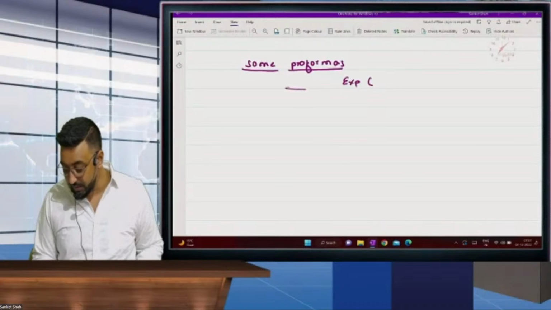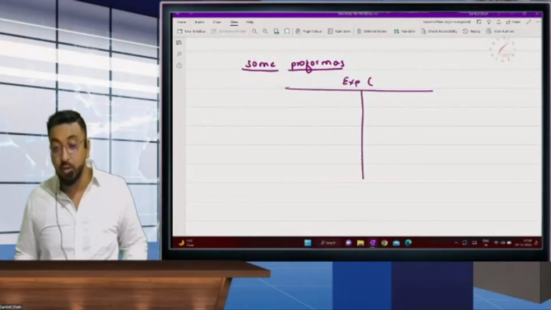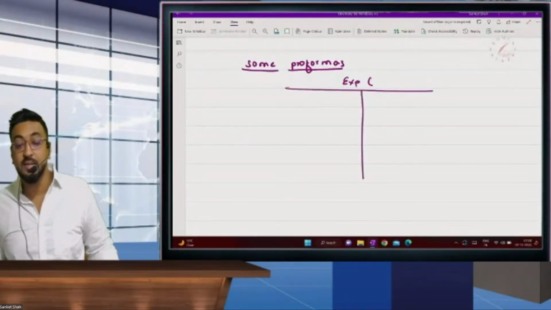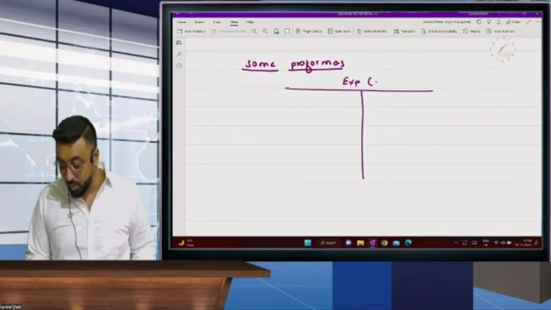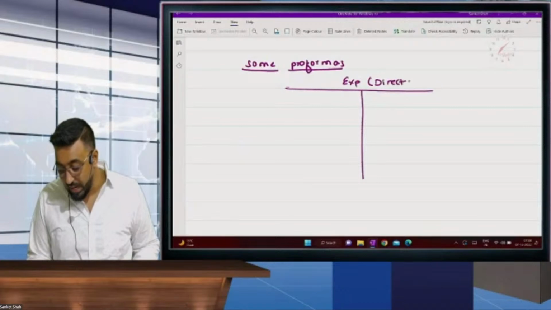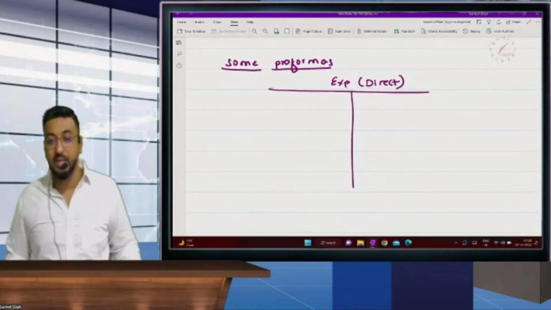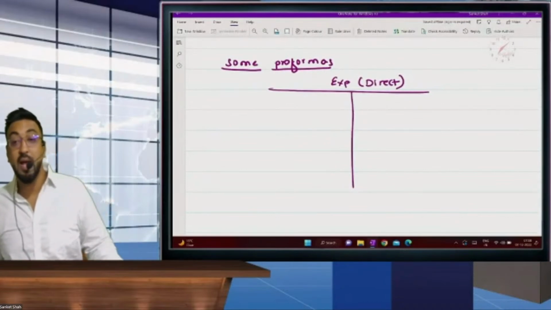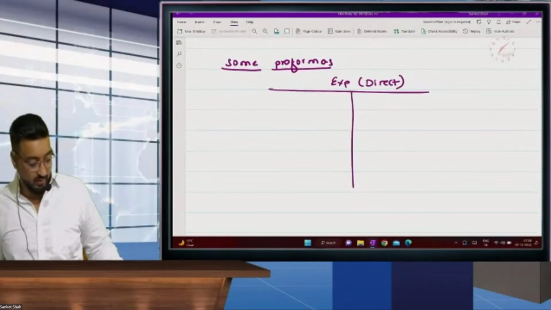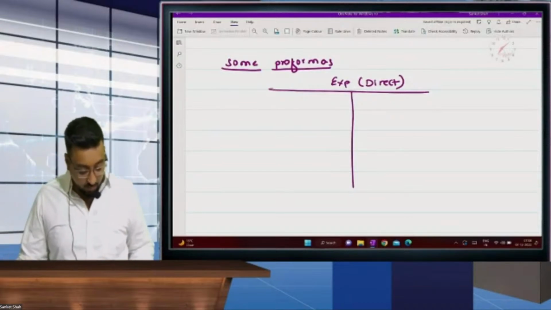Beta, please understand, now this format is important not only in this unit, but also in your incomplete records. So expense proforma is important here. So just write down direct method. Expense proforma is important in direct method, not in indirect method.